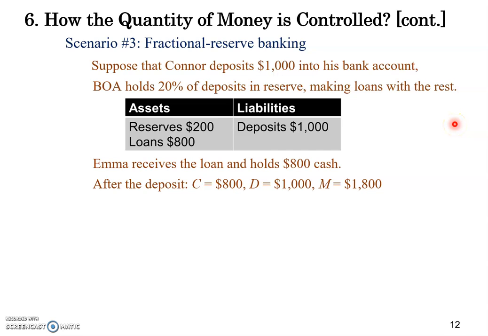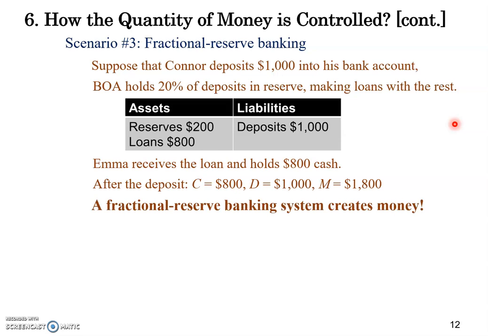This is kind of the magic, right? Because what we find is that a fractional reserve banking system creates money. Remember, the money supply used to be $1,000 before Connor made the deposit. Now, after the deposit, it increases to $1,800.